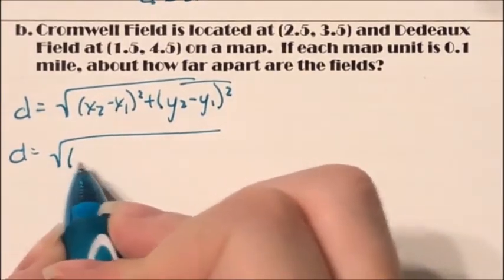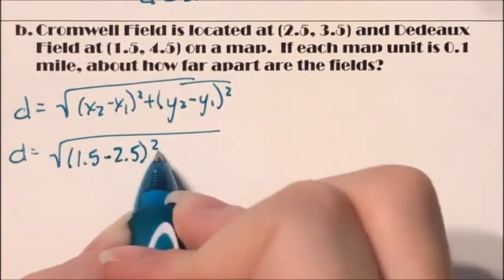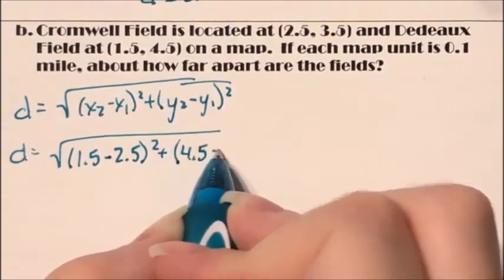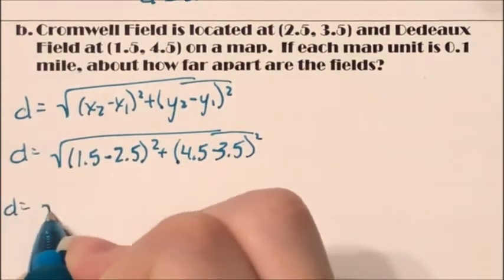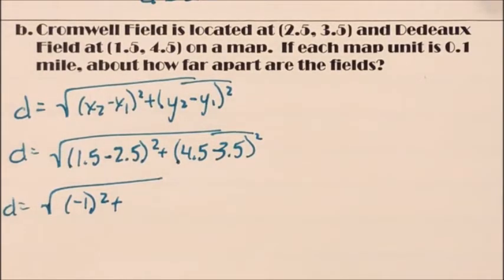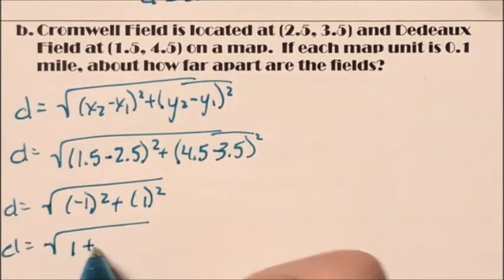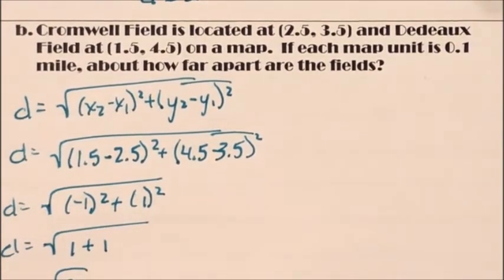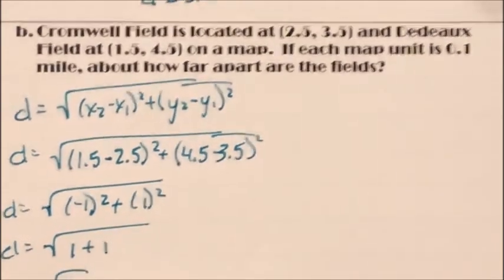So I have 1.5 minus 2.5 squared plus 4.5 minus 3.5 squared. So D equals -1 squared plus 1 squared. 1 plus 1, D is the square root of 2, which is approximately 1.4.